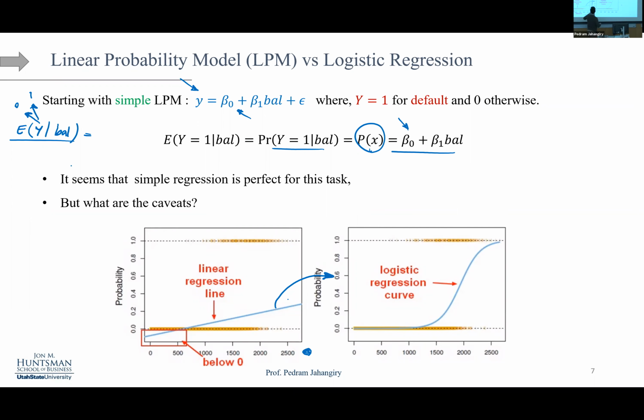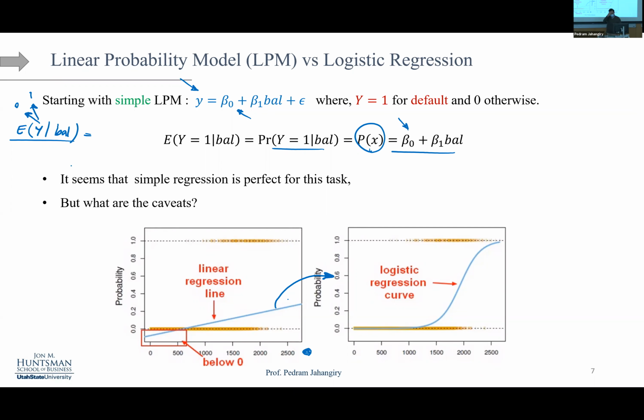It transforms your linear probability model into an S-curve shape. The good news about this new S-curve is that it's restricted between 0 and 1, and it's monotone. So for two different values of X, you cannot get one probability. It's strictly increasing. This is important, right? It must be strictly increasing.